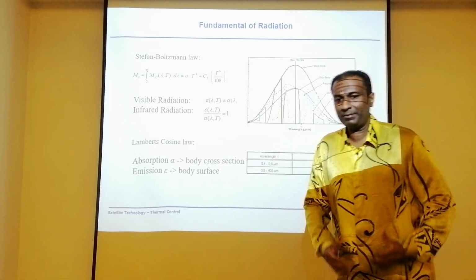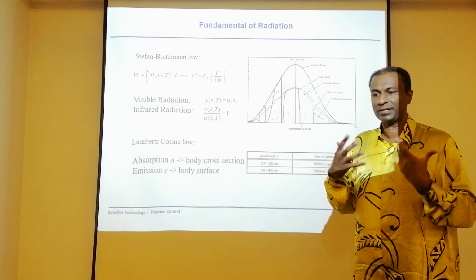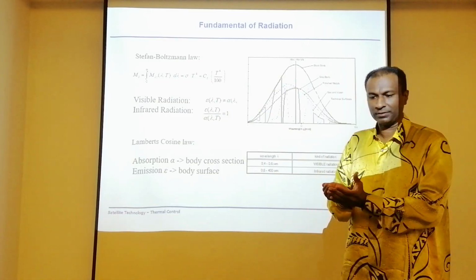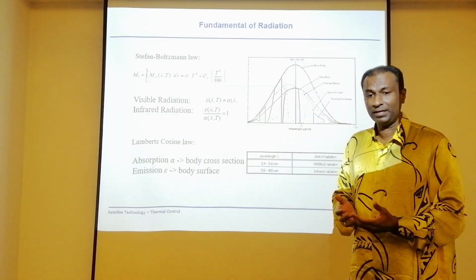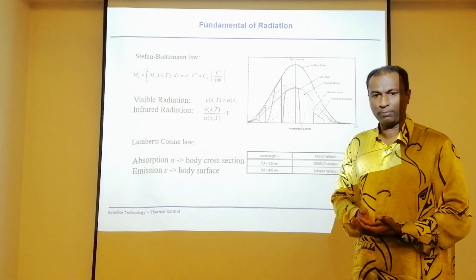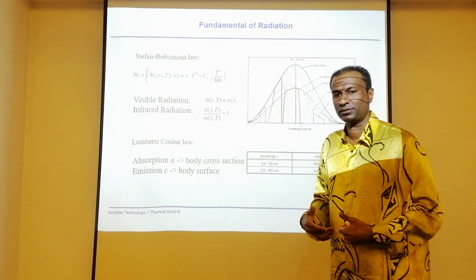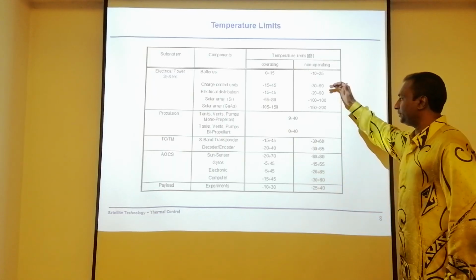Then emission, that means how good you can emit. We can estimate that. Or rather, when you produce a particular rigid body, technically you should be able to tell me the specification, how good it can emit, how good it can absorb. Based on that, I can do my calculation. Right. Okay, this is important.